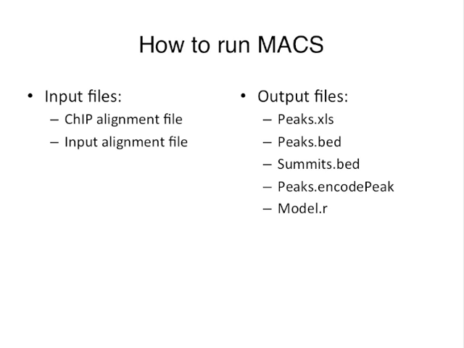It's going to give you several output files. It's going to give you a peaks.xls file, and this file is great because it lists all the peaks it found, the p-value for those peaks, the width of those peaks, where they're located, and where their summit is. It's the most comprehensive file that it gives.